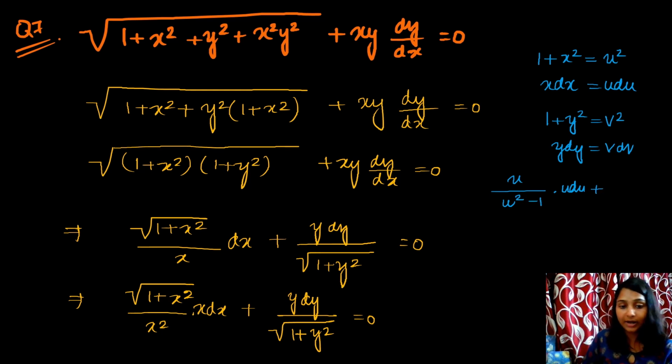As for the second part, we have y dy means v dv divided by 1 plus y square means v square, and root. So the integration will take this form.